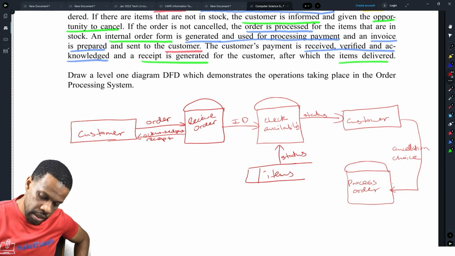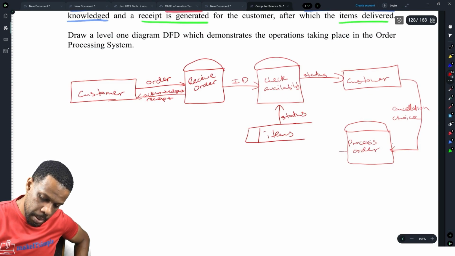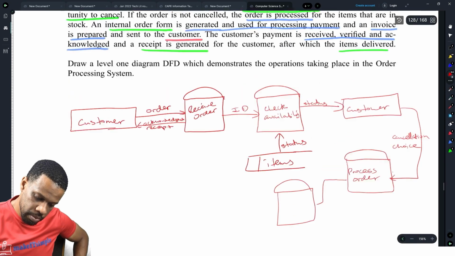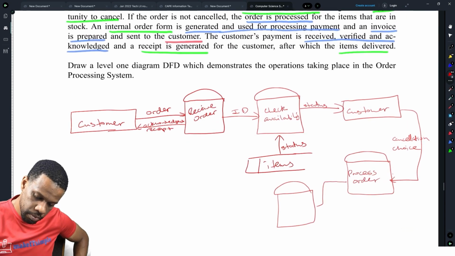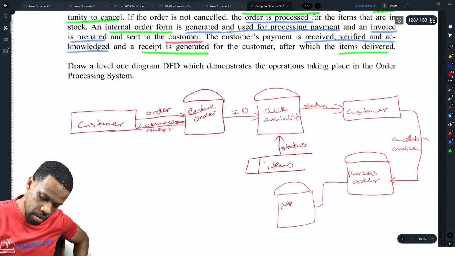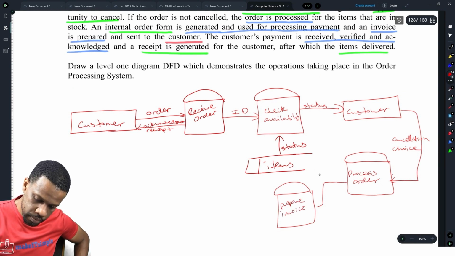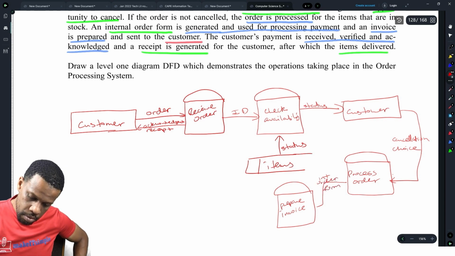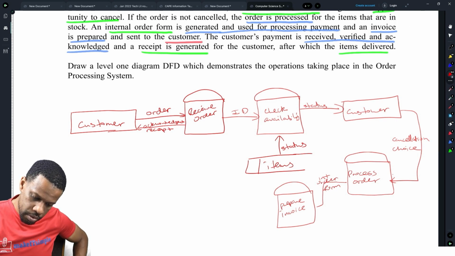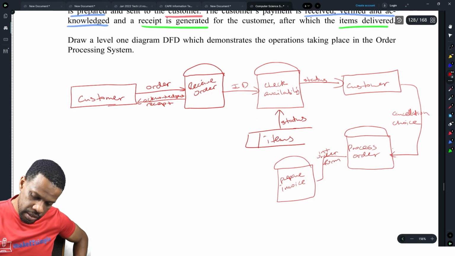Now we're going to send the internal order form to another process. The name of this is going to be prepare invoice. This internal order form goes to prepare invoice, and the invoice is sent to the customer.